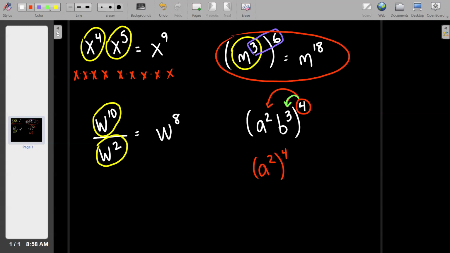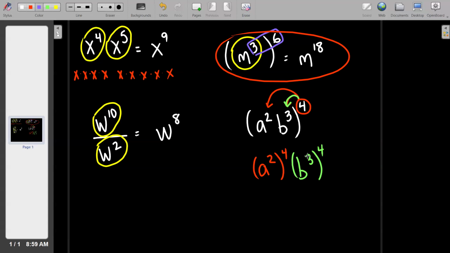And then the second one, the green arrow, I already have b to the third, and I raise it to a new power of 4. And I can see again that I'm now using the distribution property first, but then this big red oval property second. What will I do with my exponents in these red and green situations?